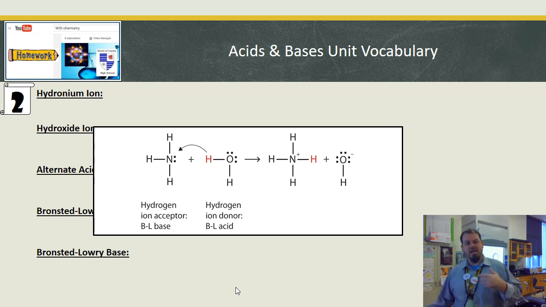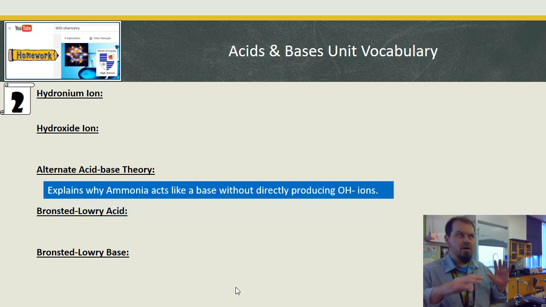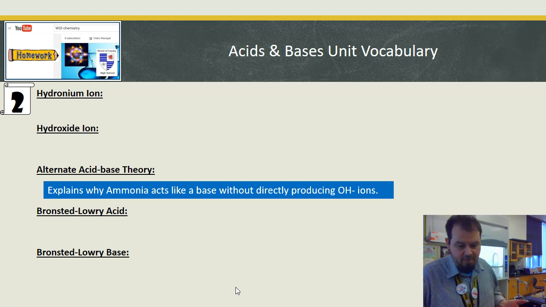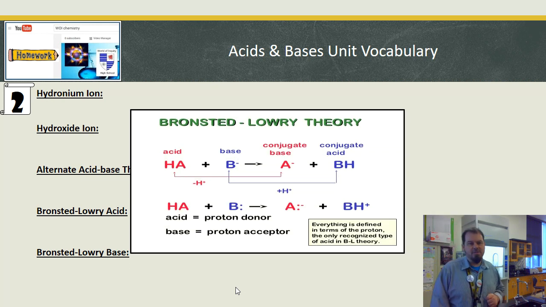So that OH- is not directly produced by the base, so that original theory from Arrhenius doesn't work. So the alternate acid-base theory explains why ammonia acts like a base without directly producing OH- ions. There's no O in the chemical formula for NH3. But yet it's a base because it makes water into OH-.